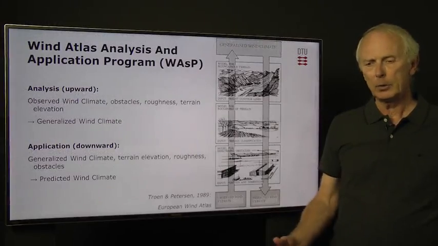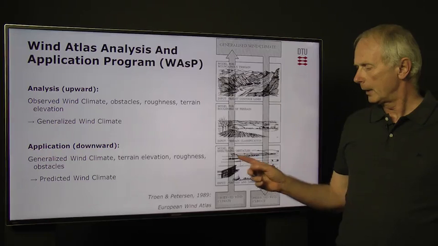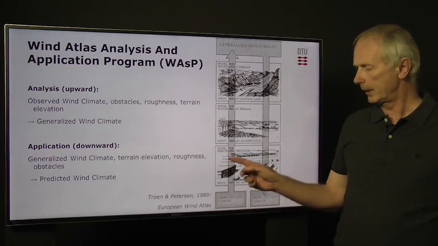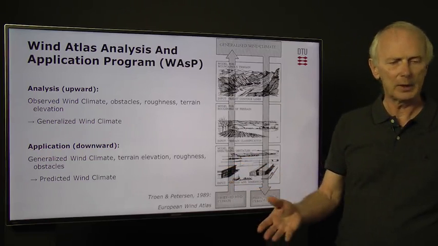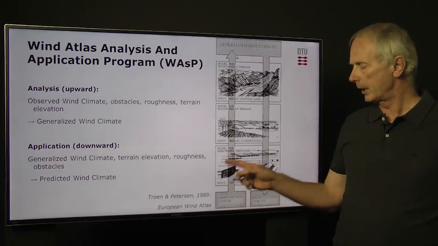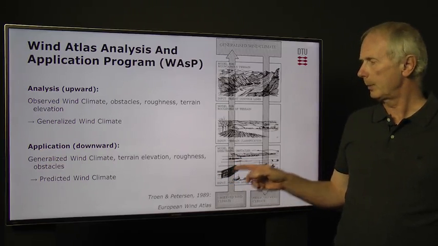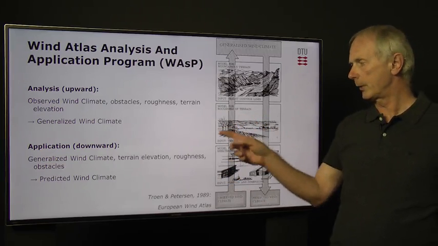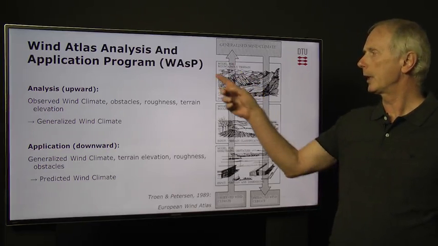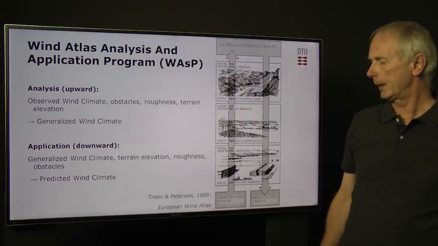And the idea follows what I have just told here, that we take into account the effect of obstacles. In this case, I mentioned that the meteorological measurements were near a house. Then we compensate for this in the meteorological measurements. Then we compensate for the specific roughness, and then we compensate for the topography in the area.